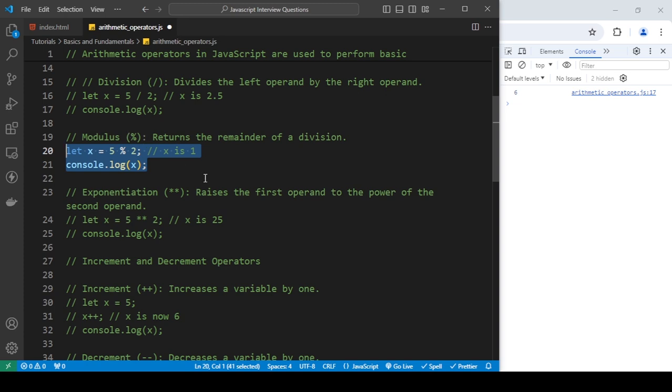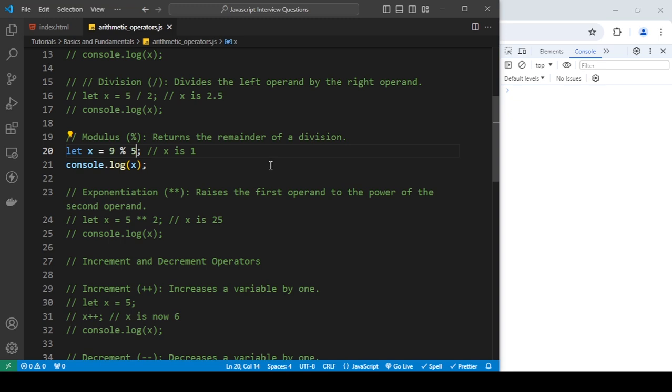Modulus, which basically returns the remainder of a division. So 5 by this is going to be 1. For example, just add 9 here, and let me say 5, for example. So the remainder of this will be 4. Let's save this and see, it's 4.